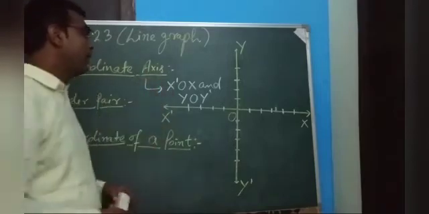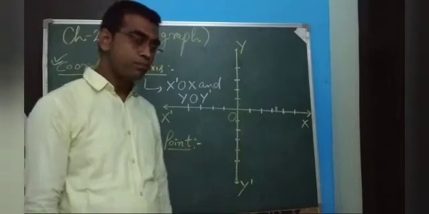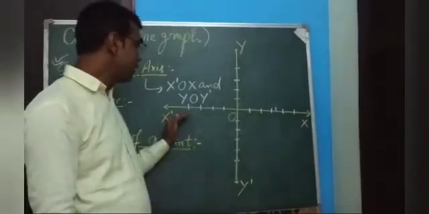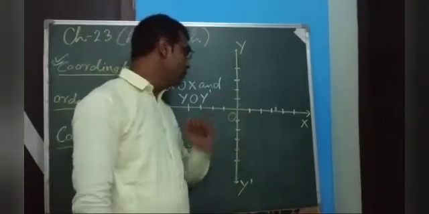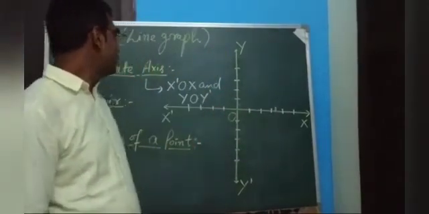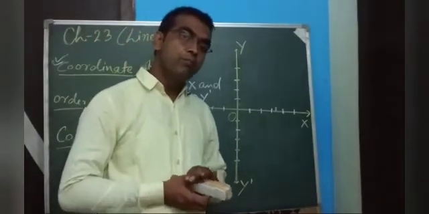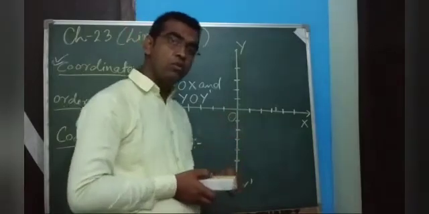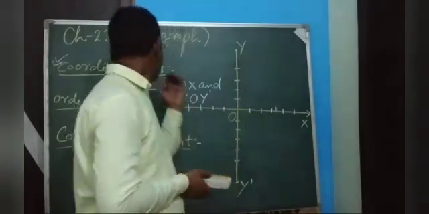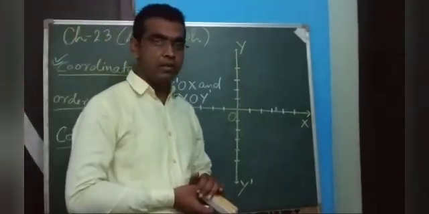When two lines are mutually perpendicular and intersecting at point O, then these lines XOX' and YOY' are said to be coordinate axis, and the plane of the graph which contains these coordinate axis is said to be Cartesian plane.